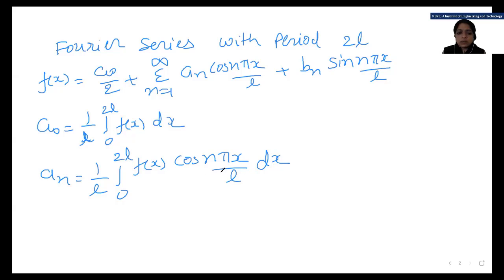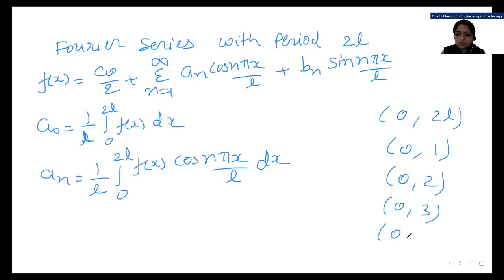They forget to write cos n pi x by L. They just put cos nx. But if your limits are 0 to 2L, it means if your given limits are 0 to 1, 0 to 2, 0 to 3, 0 to 4, something like that, your starting point is 0 and the end point is 1, 2, 3 or any constant. At that time, you have to apply this type of formula.